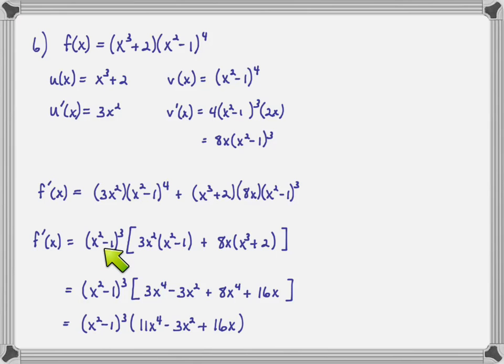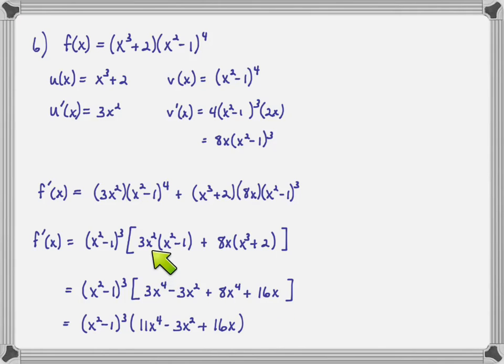Now think about it. If I do that thing to the third times this, it will look like that. Now if I take the (x^2 - 1)^3 away from this term, what's left will be the 8x times (x^3 + 2). I went ahead and distributed the x^2 here and the 8x here, and that gave me 3x^4 - 3x^2 + 8x^4 + 16x.